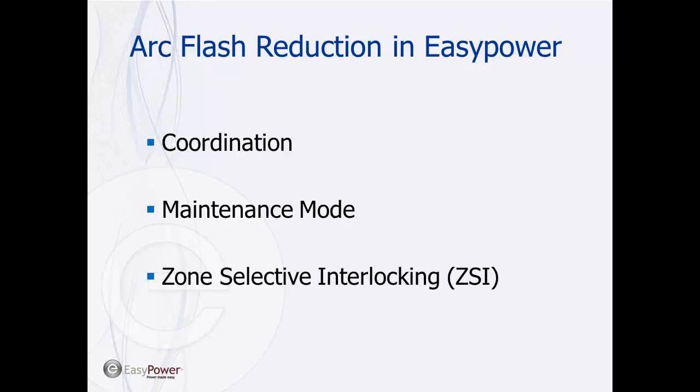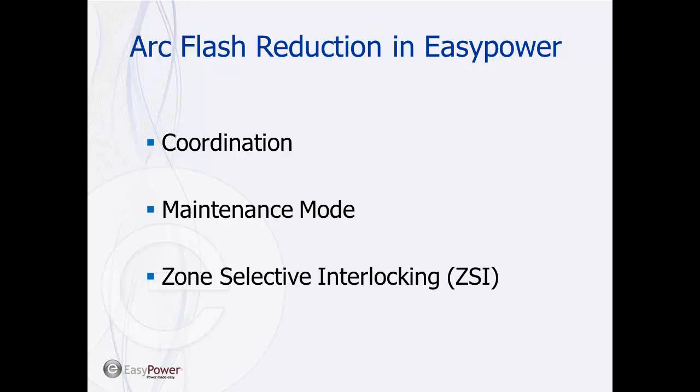Sometimes in older systems, as the system has grown over time, the coordination is not always updated, and you may see areas that you can easily improve and reduce the trip time required for those devices.